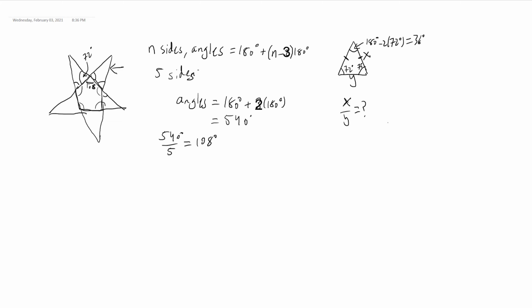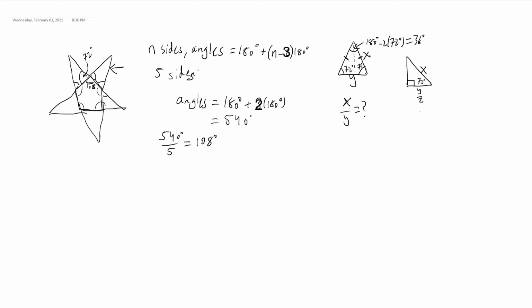Now, here's where the trig comes in. I'm going to cut this triangle in half, and I'm going to look at this right triangle. So this is y over 2 because I cut that length in half, and that's x, and we know this is 72 degrees.